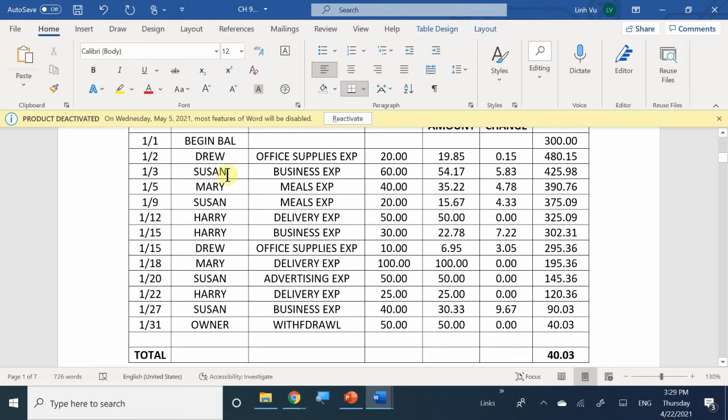Susan had a business expense for $60. They came back and said the receipt was actually for $19.85, and gave 15 cents back to petty cash, so the remaining balance should be $480.15.